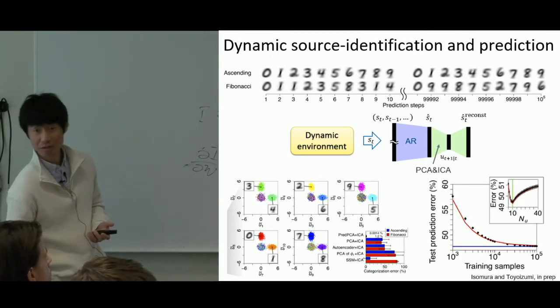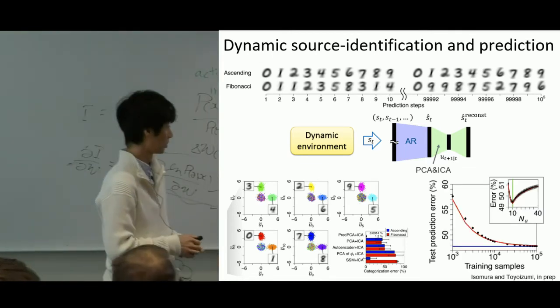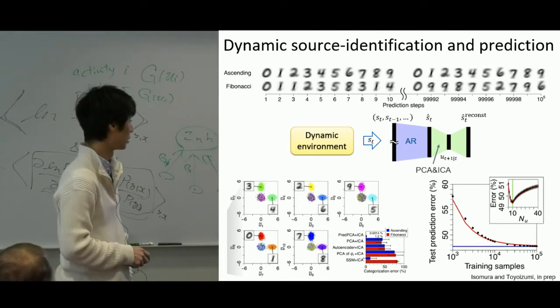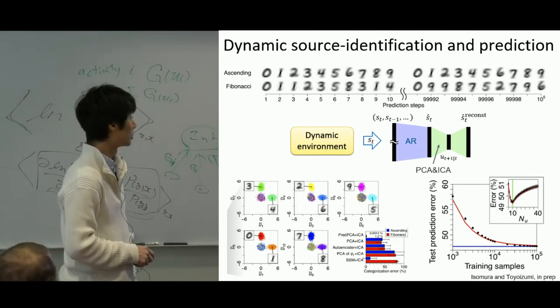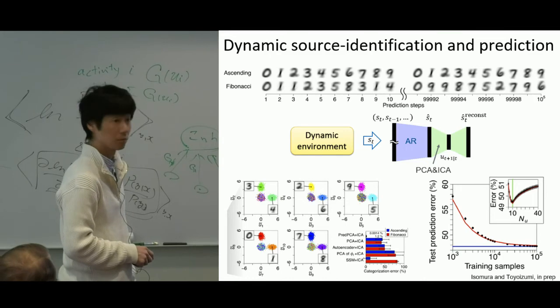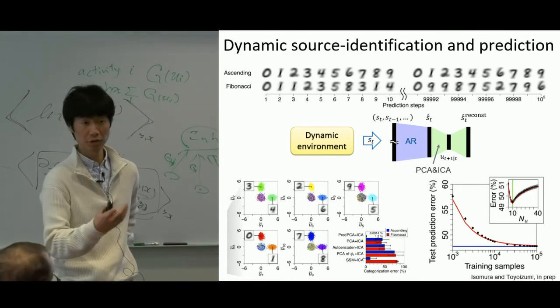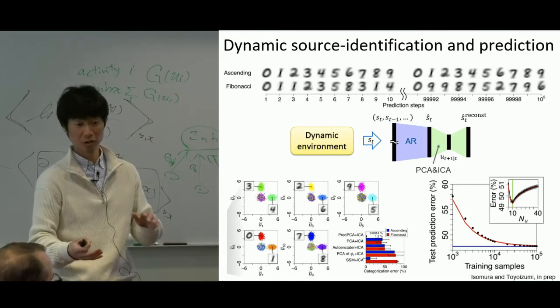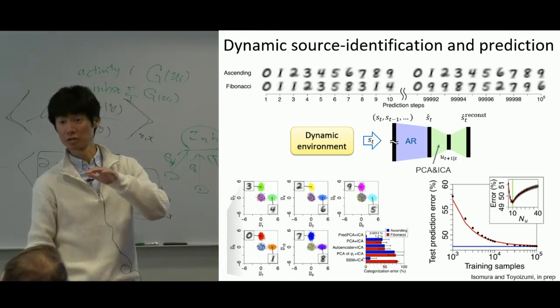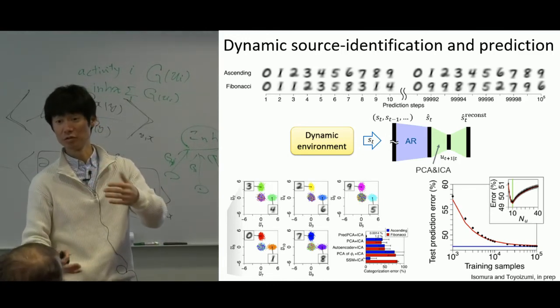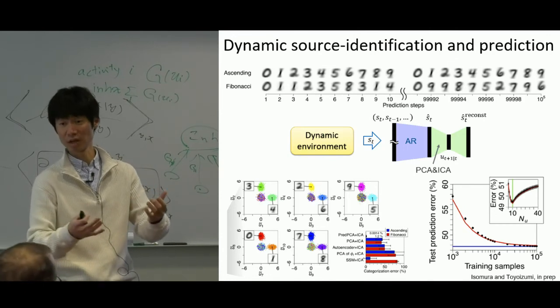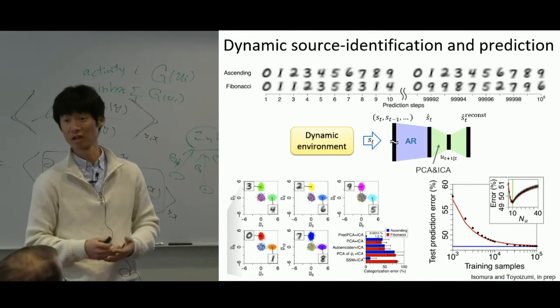And so why does the Kalman filter do less well for the Fibonacci sequence than for the ascending? Oh, it's the complexity of the model space. To predict Fibonacci, you need a higher dimension of states, because you need to combine the past two digits to predict the next.